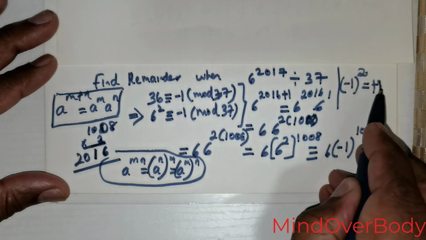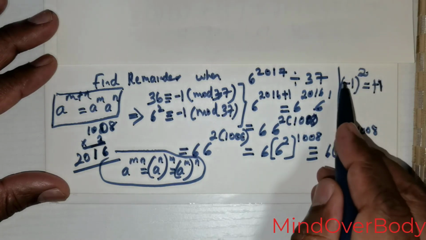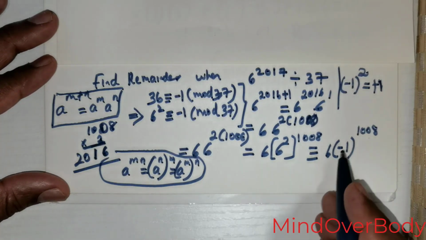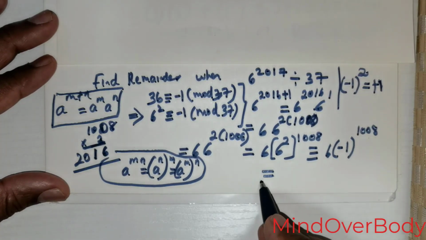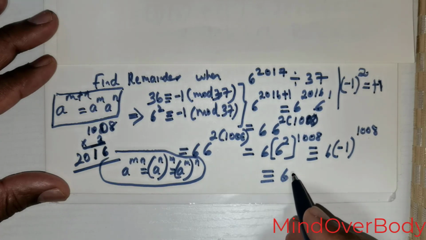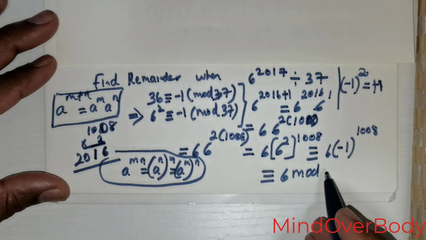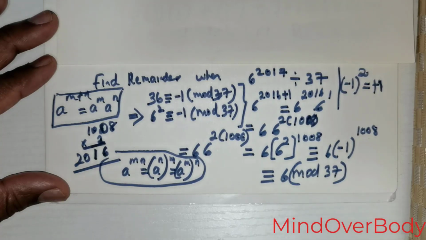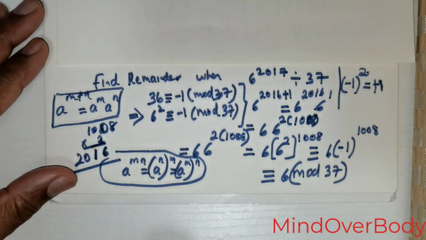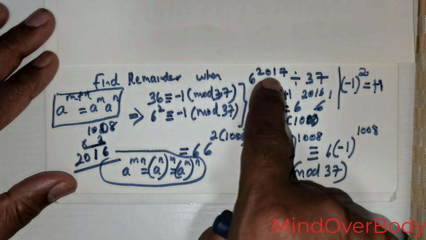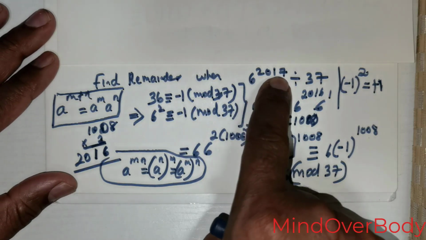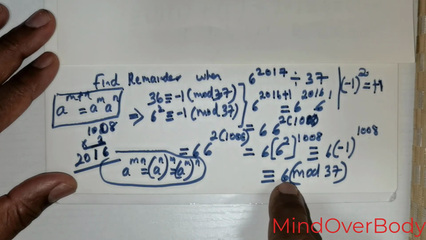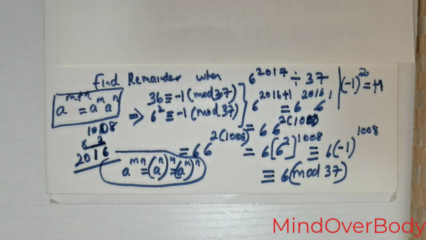Now if I use this same principle, -1 raised to the power of an even number, then this is going to be congruent to 6 mod 37, right? So what is the inference? When 6 raised to the power of 2017 is divided by 37, we get a remainder 6. Thank you students.